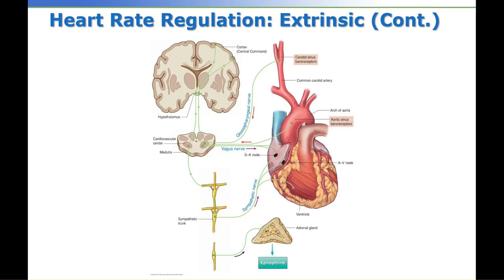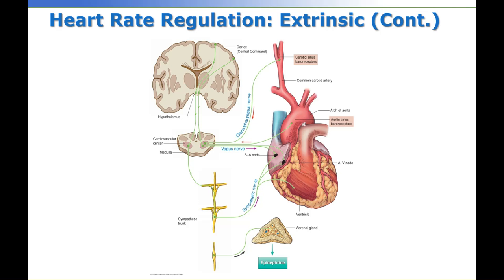This shows on page 301 what takes place. Exercise anticipation from the higher centers activates sympathetic neurons in the hypothalamus. Here it shows the vagal nerve, which gives a parasympathetic response with acetylcholine to give that rest and relax bradycardia effect.